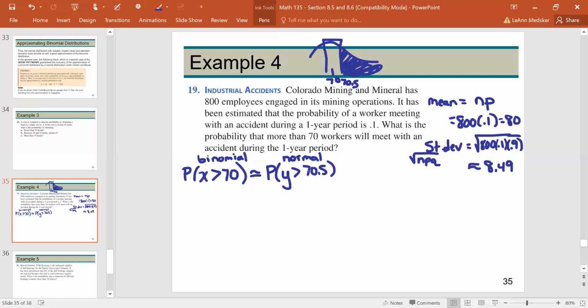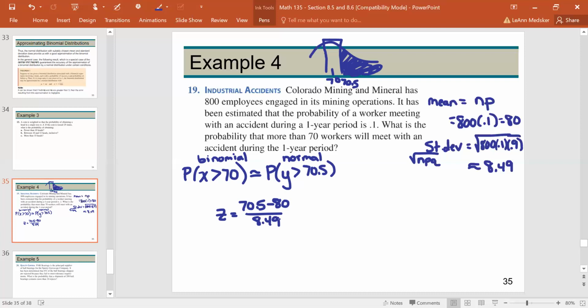Now, once you figure out what your half step is, you're going to convert that to a z-score. So 70.5 minus the mean, which is 80, divided by the standard deviation, which is 8.49. So I need to get my calculator to do that. 70.5 minus 80 divided by 8.49.